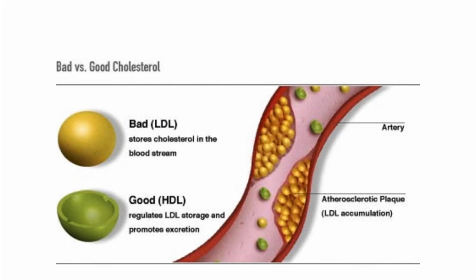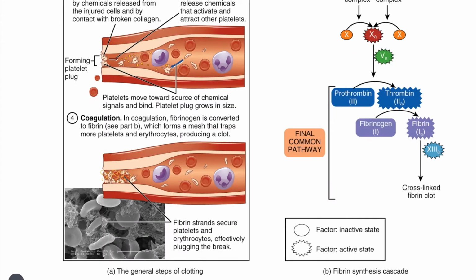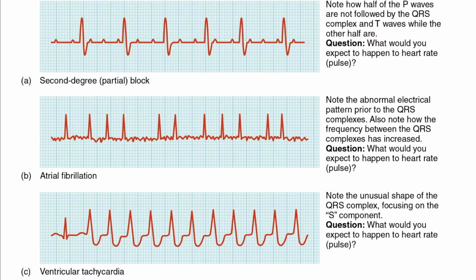Formation of the platelet plug. In this second step, platelets, which normally float free in the plasma, encounter the area of vessel rupture with the exposed underlying connective tissue and collagenous fibers. The platelets begin to clump together, become spiky and sticky, and bind to the exposed collagen and endothelial lining.